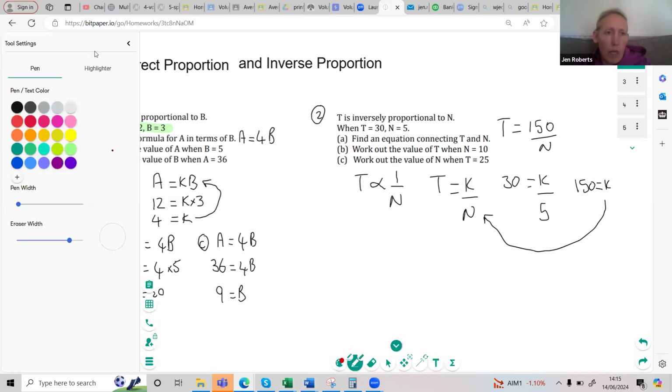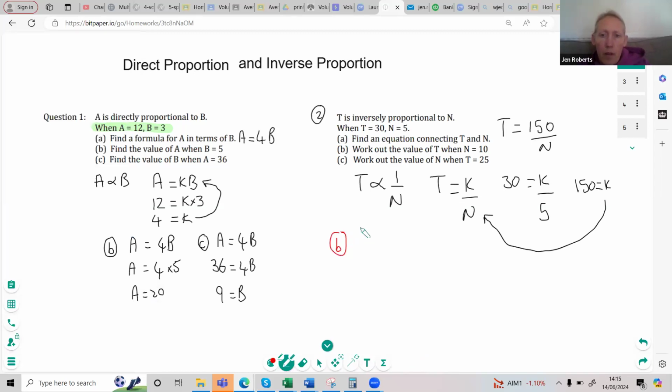Now we're going to use that formula to get our answers for part B and part C. Let's just write out the formula first. Part B, we're told that N is 10. So I put it into that formula, replacing N with 10. 150 divided by 10 is 15, so T is 15.